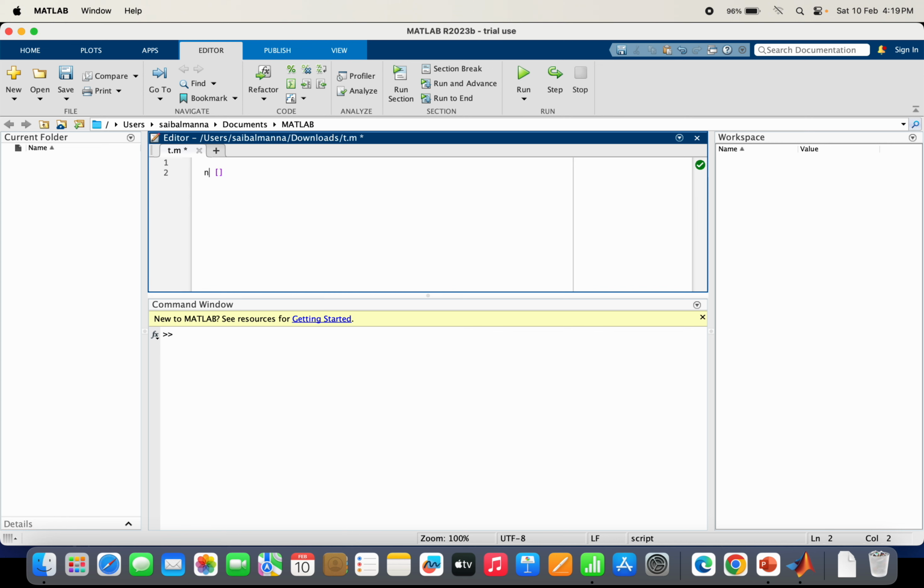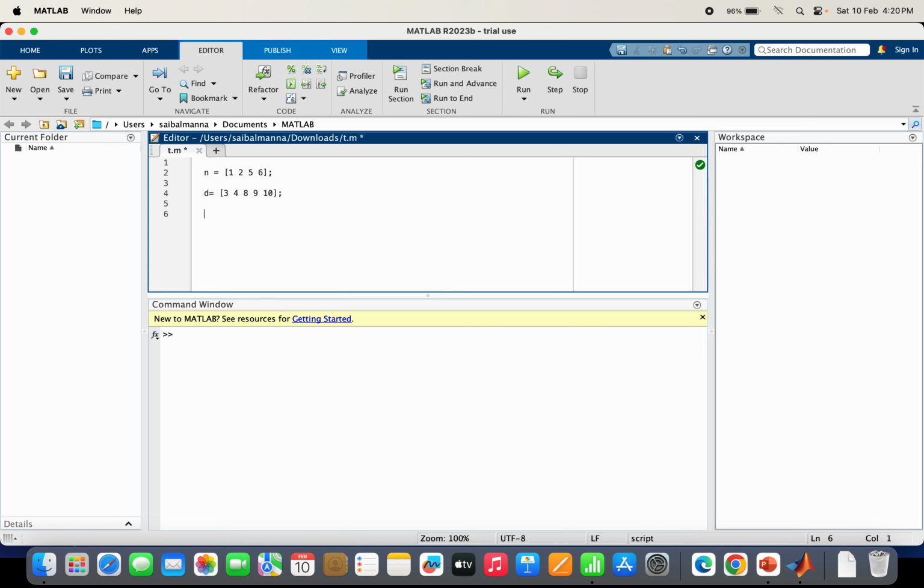It will be very easy, just remember these things. Present the numerator portion, that is 1, 2, 5 and 6. Then represent the denominator coefficients, so it will be 3, 4, 8, 9 and 10.